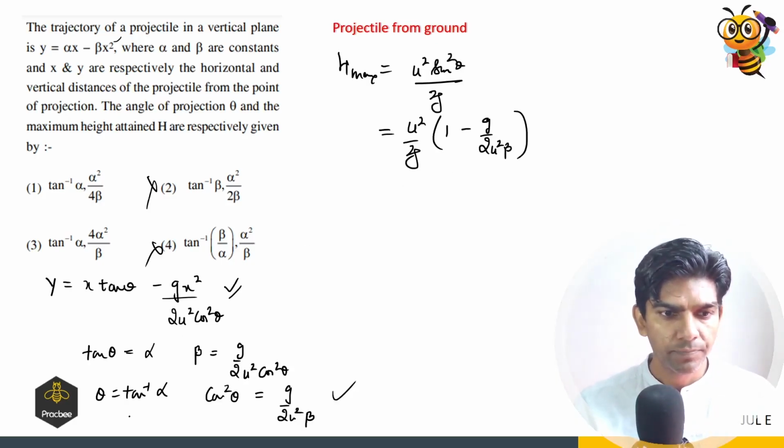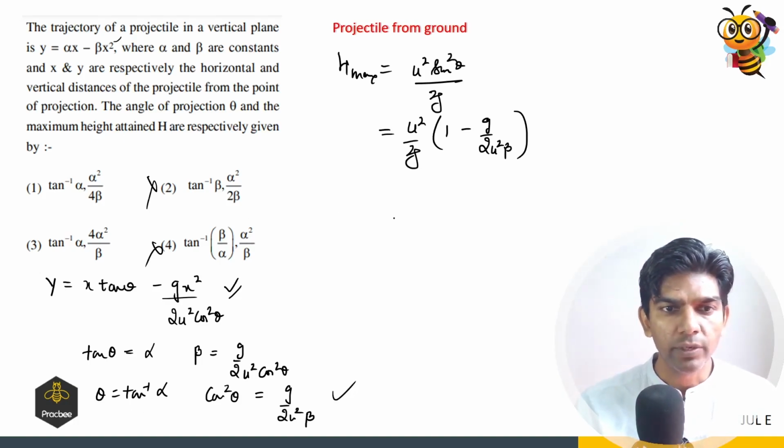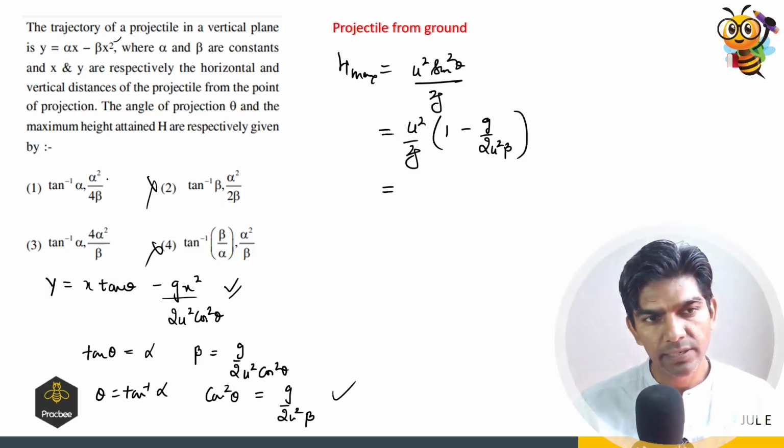And tan theta is alpha. Maximum height you have to calculate, right? So if you look at the options, it says alpha square by 4 beta. Let me first calculate that.